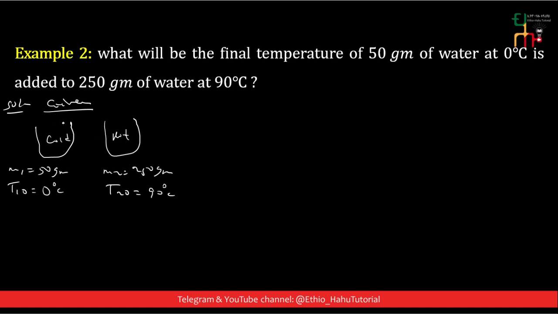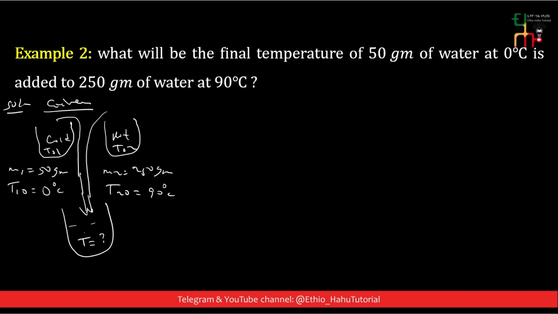If we bring these two systems together, here we have the final temperature. This is T01 and T02. T01 is the initial temperature of system 1 and T02 is the initial temperature of system 2 with mass 250 grams, and T is the final temperature of the system.